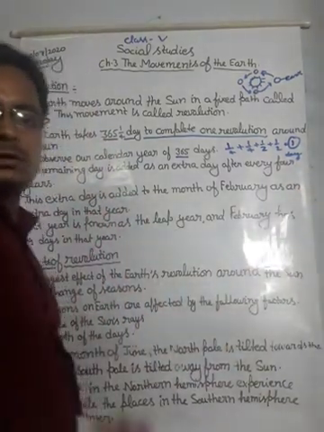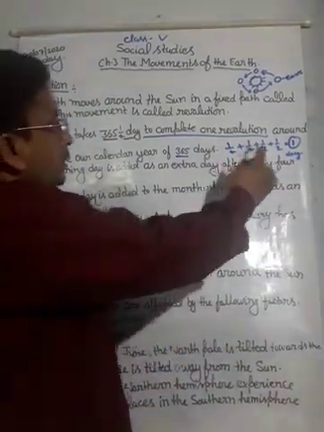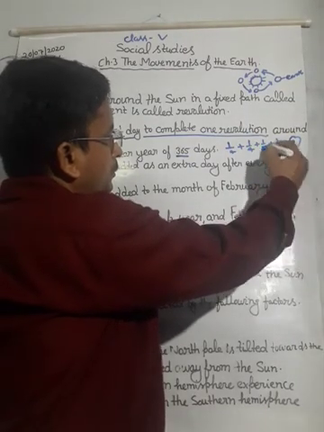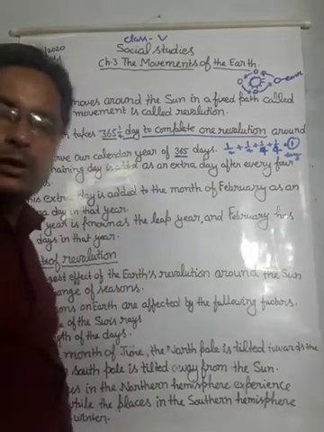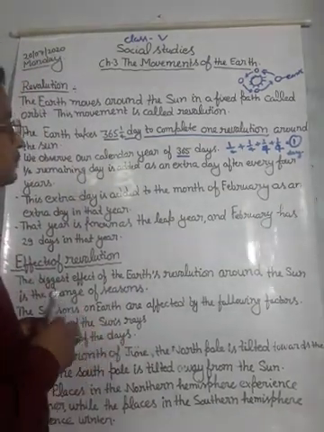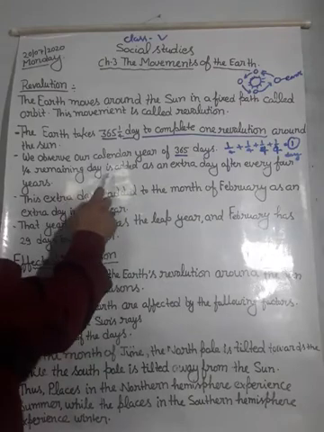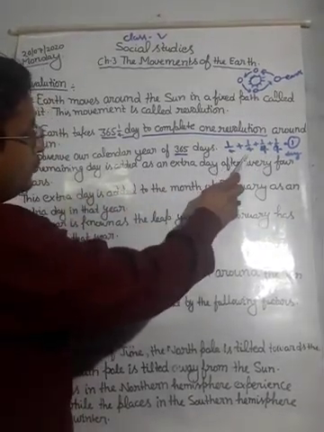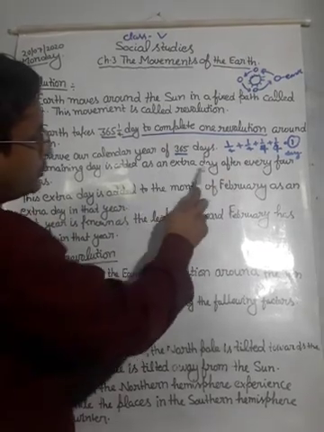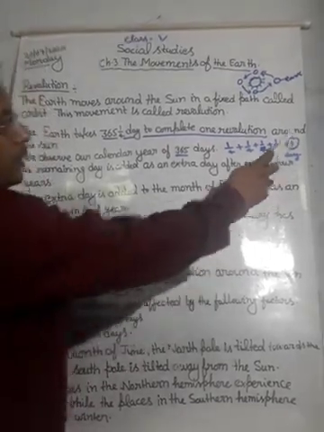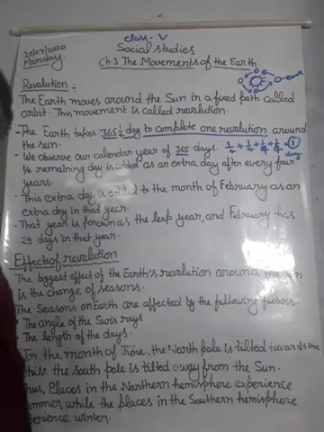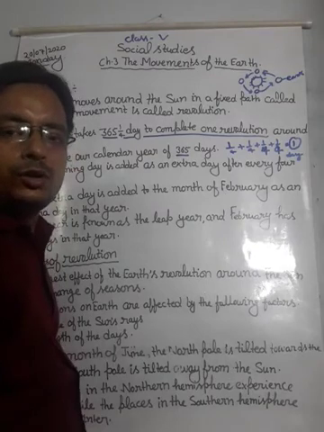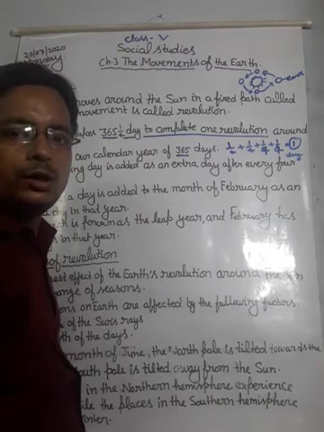So the 1/4 remaining day is added as an extra day. After every 4 years, one extra day is added, and that year is called a leap year.